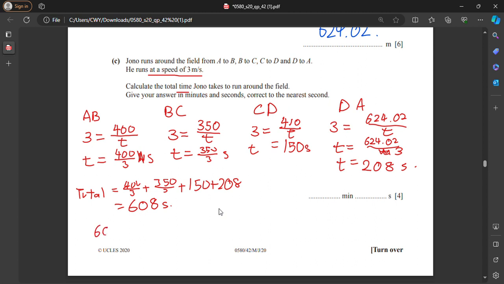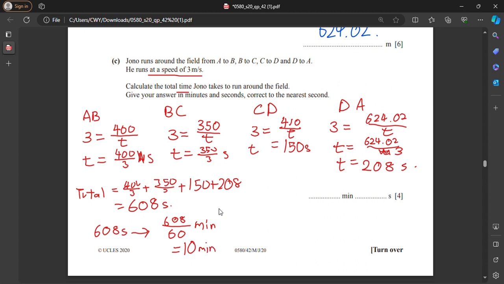So 608 seconds to convert into minutes is 608 divided by 60, since 1 minute has 60 seconds. So you will get 10.133333. So 10 minutes and 0.13.